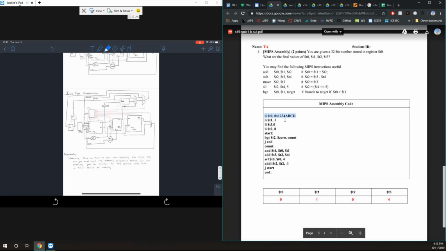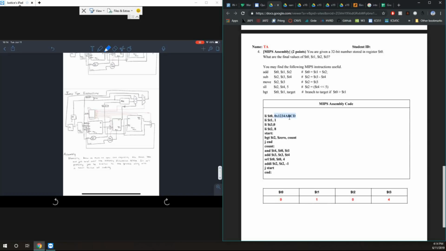I'm sure of it. So T0, you're just loading this really big binary number, right? And it's a hex number. But all you have to do is convert it to binary.